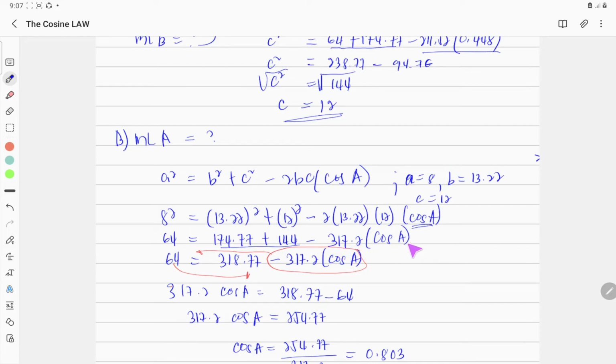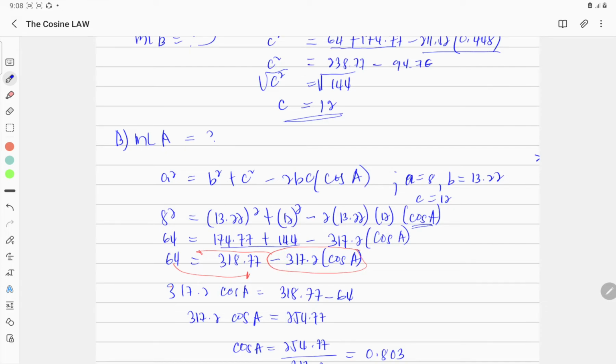Then cosine A. So this negative 317.2 we transpose to the left, and the 64 we transpose to the other side. Of course, you have to be careful of the sign: once a term is transposed from one side to another, the sign will be changed.